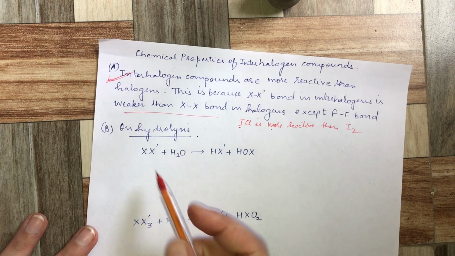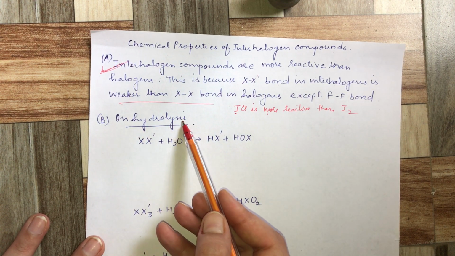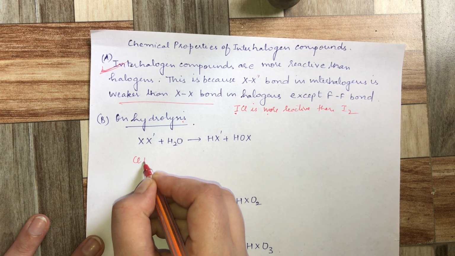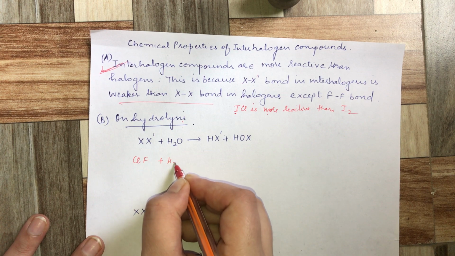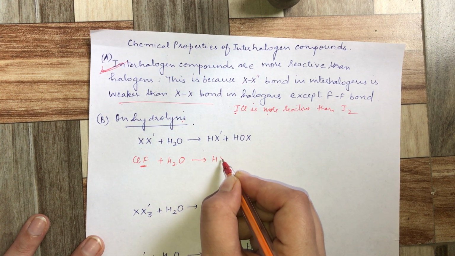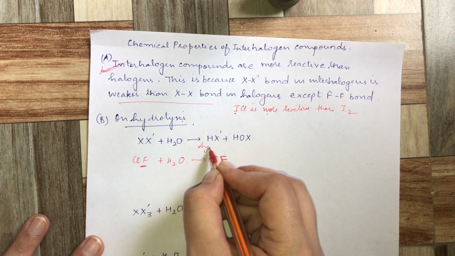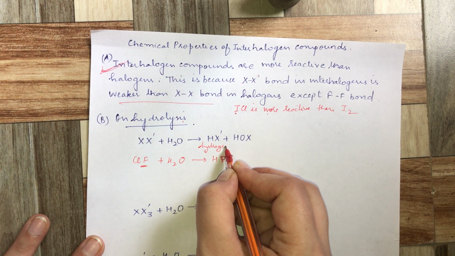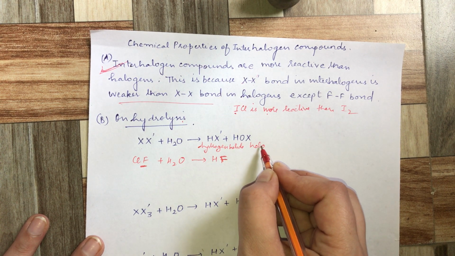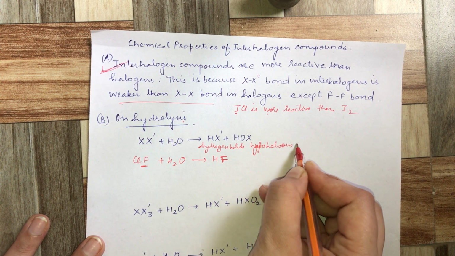Next thing to note is their reaction with water. On hydrolysis, suppose we have ClF. If it reacts with water, the more electronegative element will form the simple hydrogen halide, and the other will form the hypohalous acid.